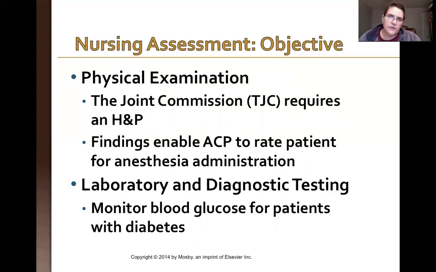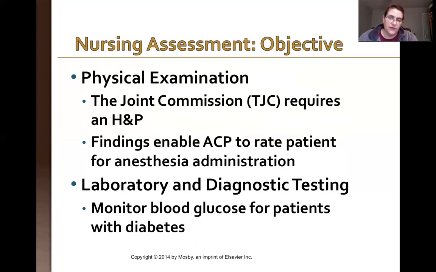Okay, so the Joint Commission tells us that we have to have a history and physical on every patient before they go to surgery, and this is the responsibility of the surgeon. This is so that the anesthesiologist is able to rate the patient for anesthesia administration.